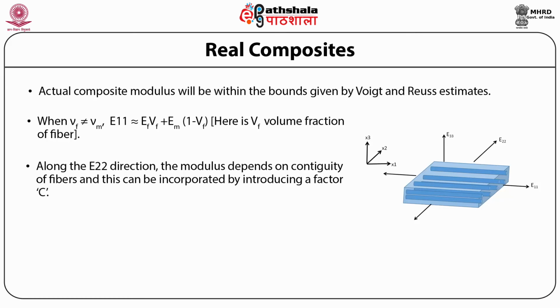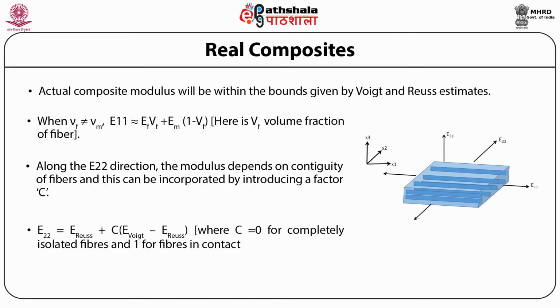Along the E22 direction, the modulus depends on the contiguity of fibers, and this is incorporated by introducing a factor C. So E22 will be equal to E Reuss plus C multiplied by E Voigt minus E Reuss, where C is equal to 0 for completely isolated fibers and 1 for fibers in contact.